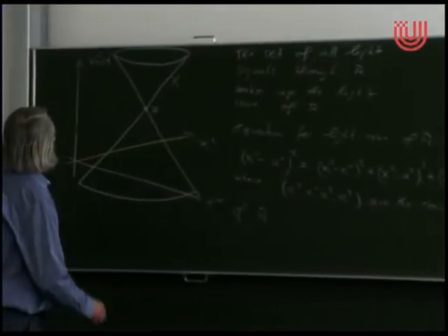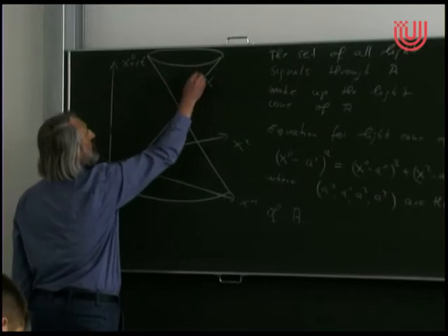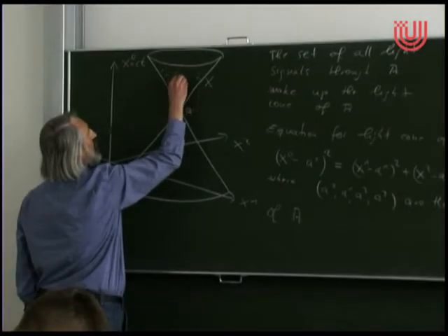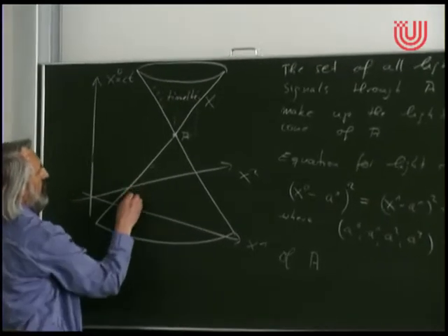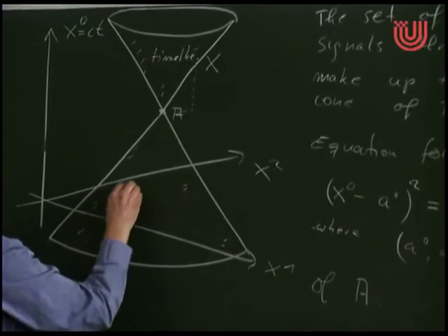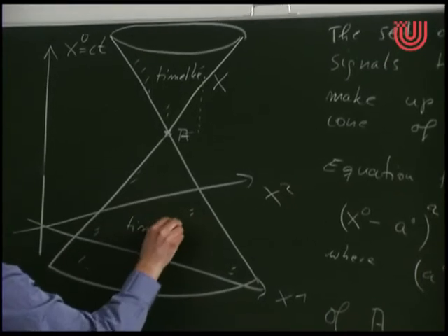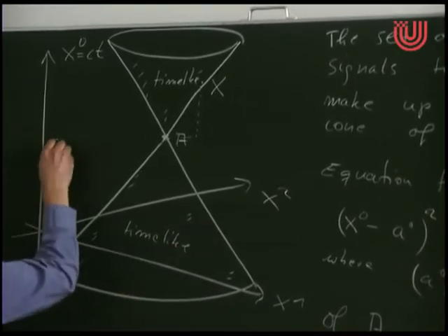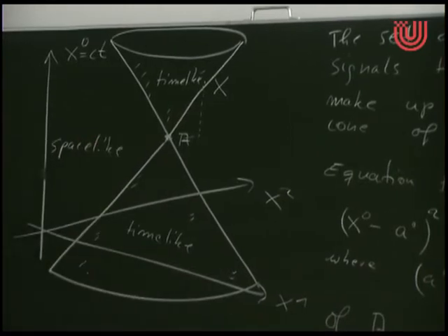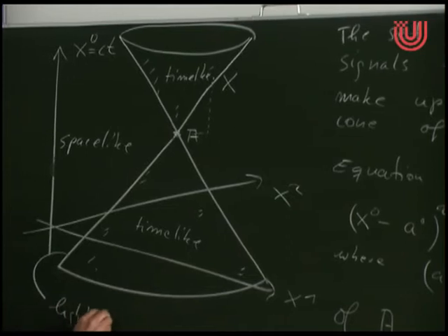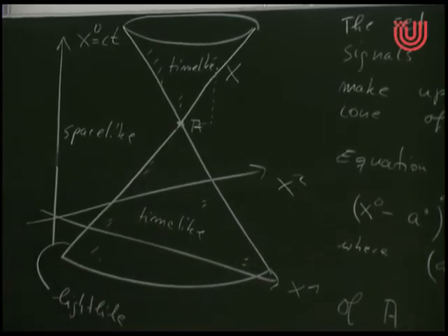So I have here inside the events which are time-like with respect to A, here also. I have here in the outside the ones which are space-like with respect to A, and I have here on the boundary the ones which are light-like with respect to A.